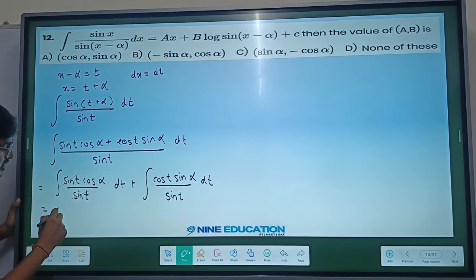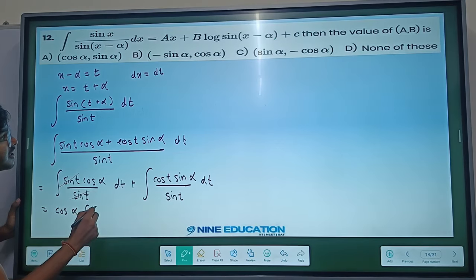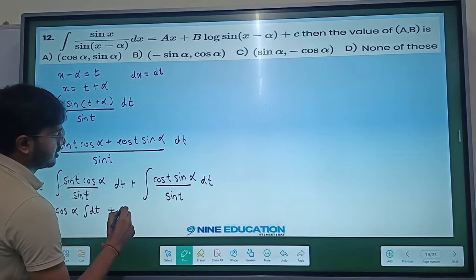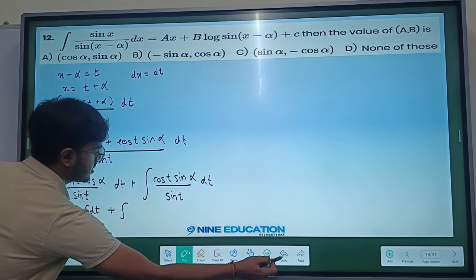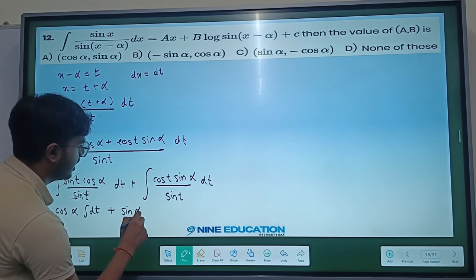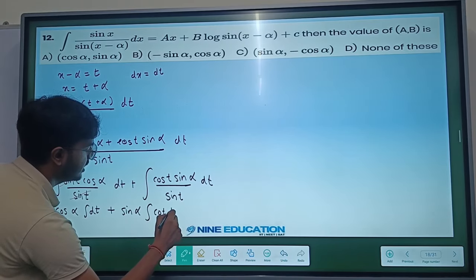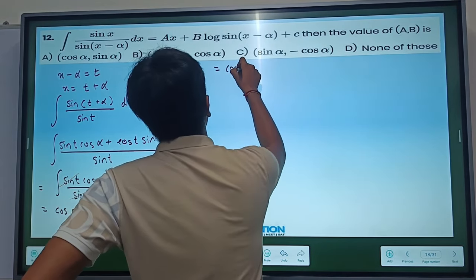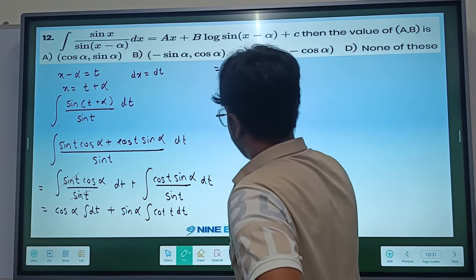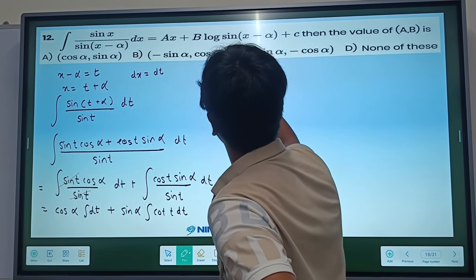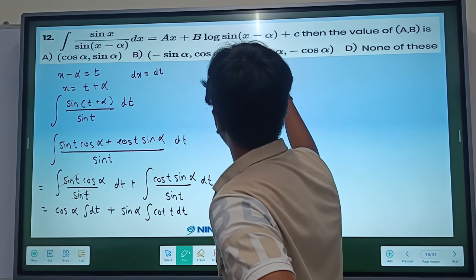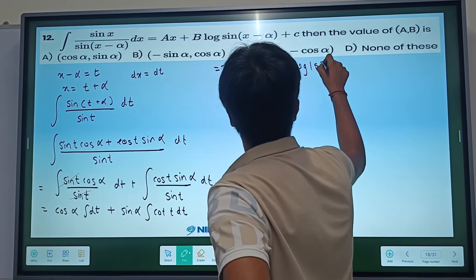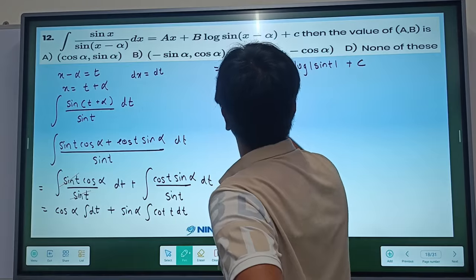Cos alpha is a constant, comes outside: cos alpha integration dt plus sin alpha, a constant, comes outside, sin alpha integration of cot t dt. So it will be cos alpha into integration of dt, which is t. So t cos alpha plus sin alpha integration of cot t, which is log mod sin t plus c.